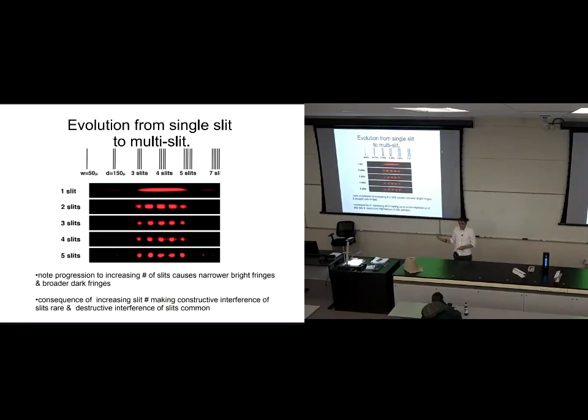This is a slide that basically takes us on a tour from single slit, which we've been exploring, and we now understand the diffraction pattern of a single slit, towards multi-slit. It actually takes us from one slit to two slits to three slits to ultimately five slits.